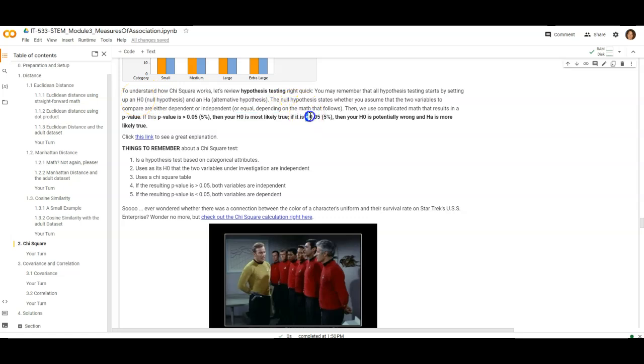If it is less than 0.05, that's less than 5%, then we cannot prove that our null hypothesis is true, and the alternative hypothesis is more likely to be true. So for that, again, the p-value plays the most important role.